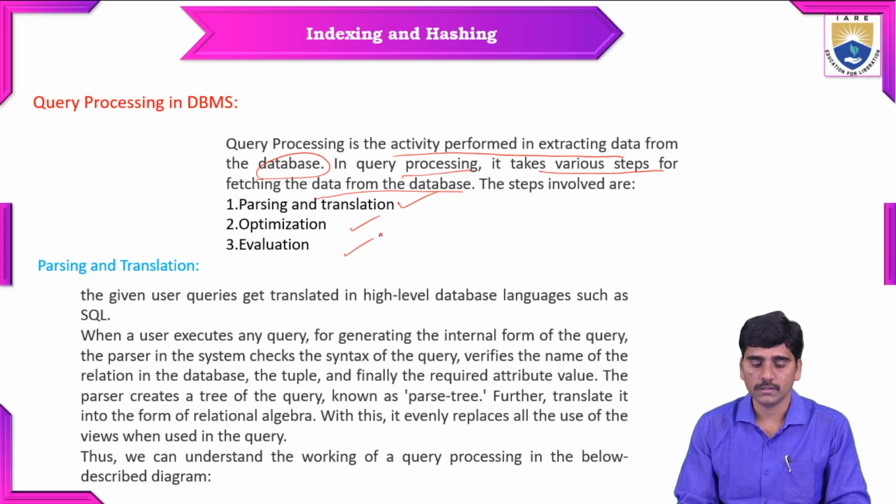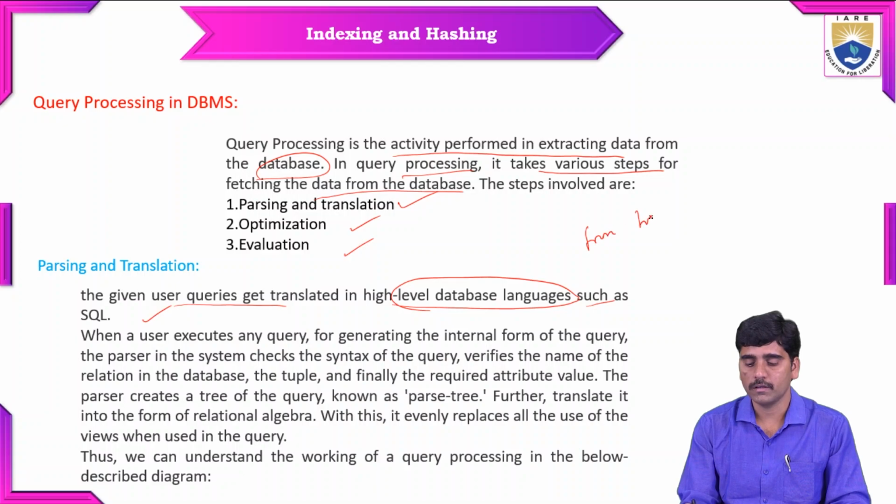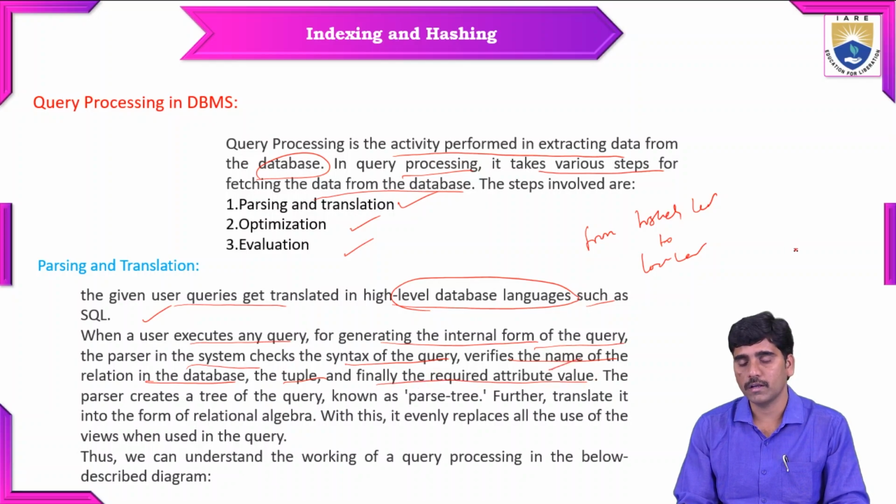In parsing and translation, the user queries given in high-level database languages such as SQL get translated from higher level to lower level. When a user executes a query, the parser in the system checks the syntax of the query and verifies the names of the relations in the database, the tuples, and the attribute values.